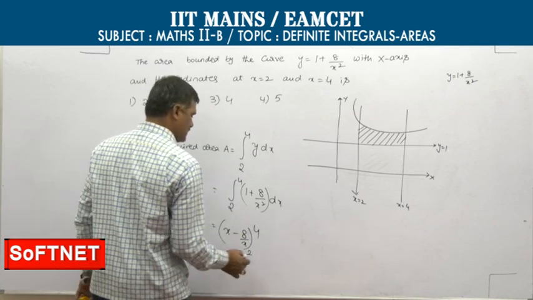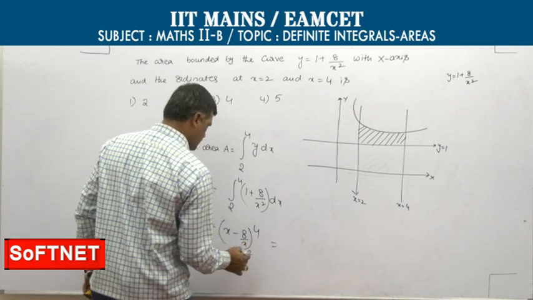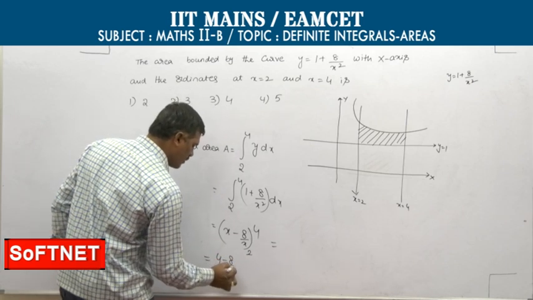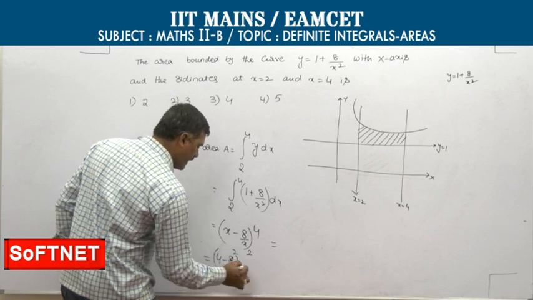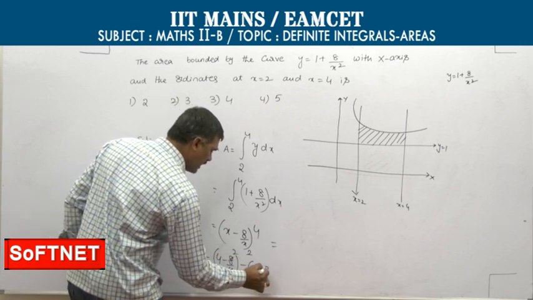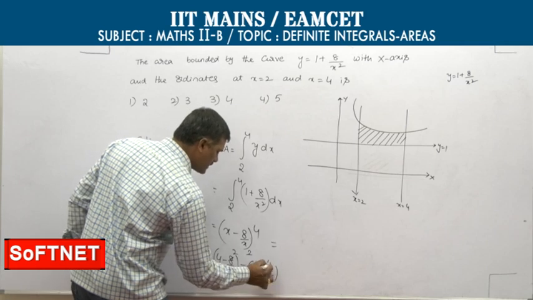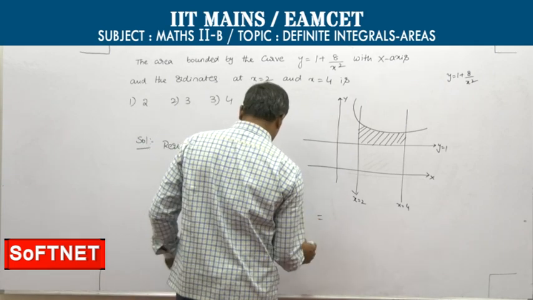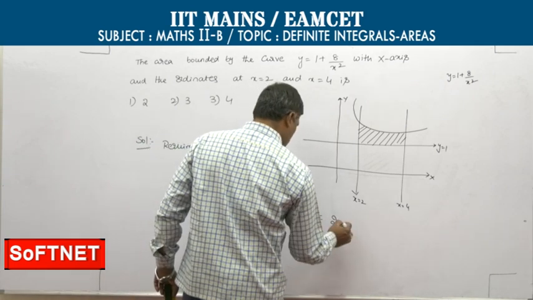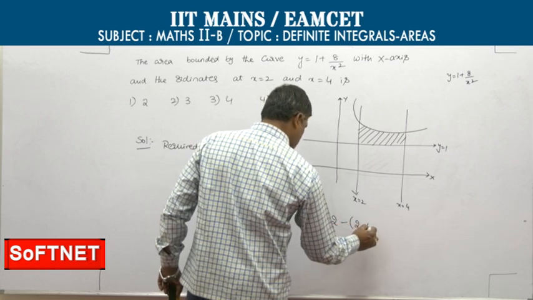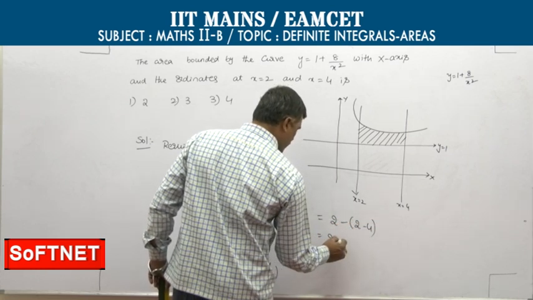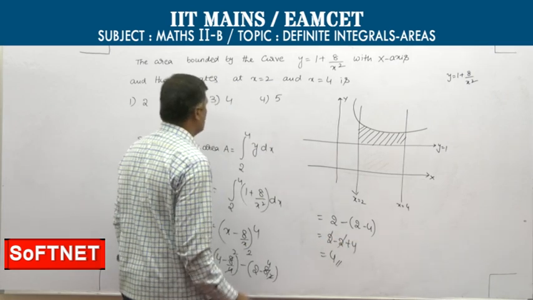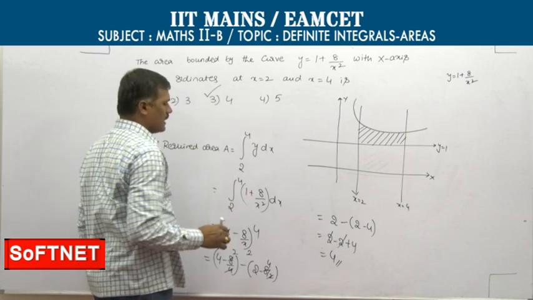That is equal to upper limit 4 minus 8 by 4, minus lower limit 2 minus 8 by 2, that is 4 minus 2 minus 2 plus 4, which is equal to 4. The third option is the correct option.